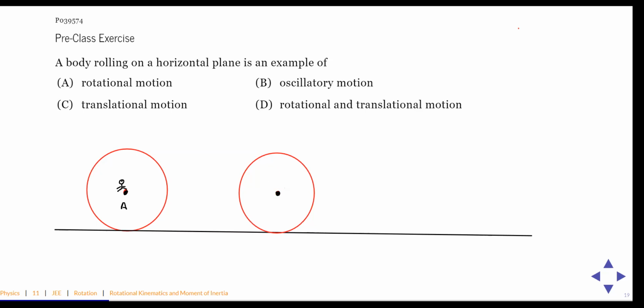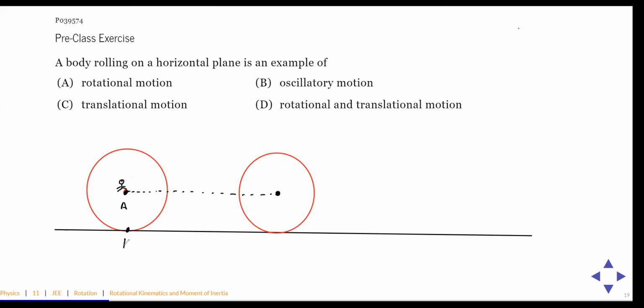So I can say, when you talk about this object, the position of A is changing linearly. Okay. Now, suppose you are sitting on this point.